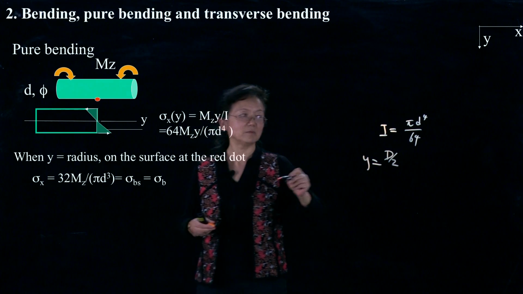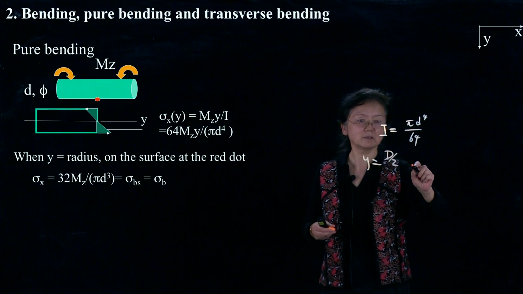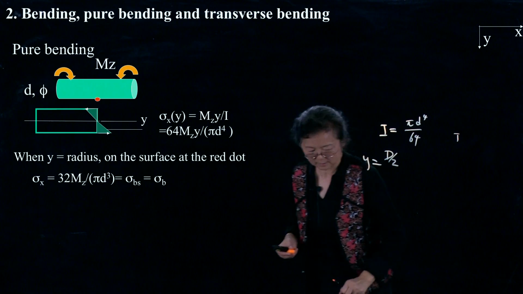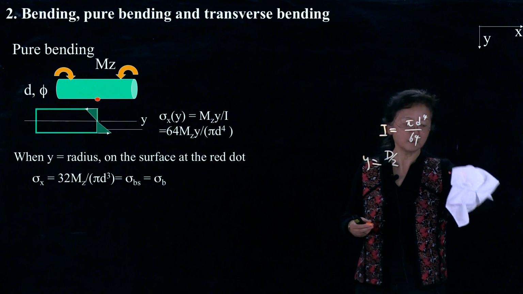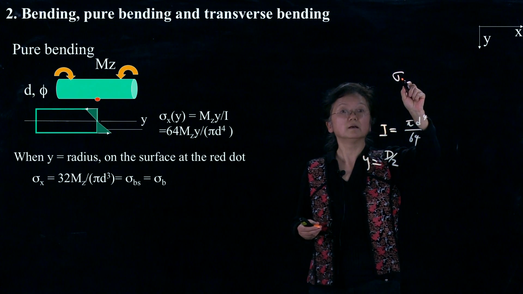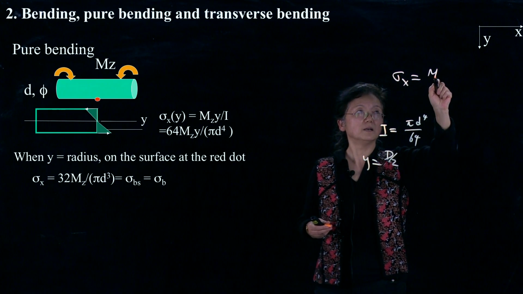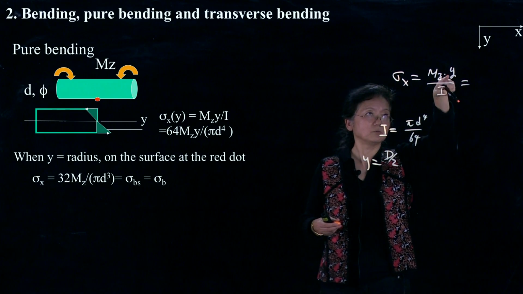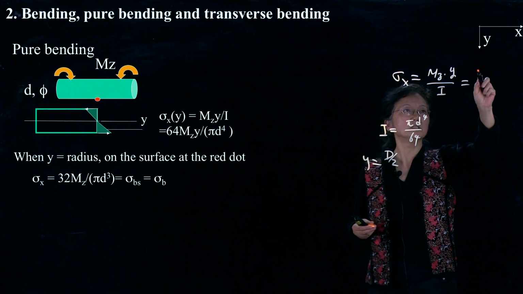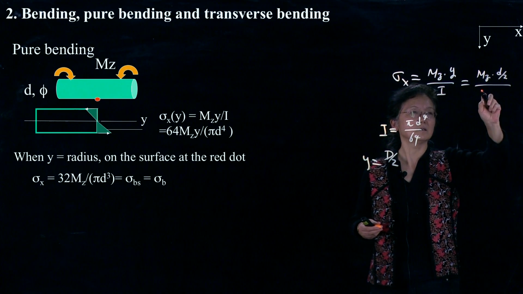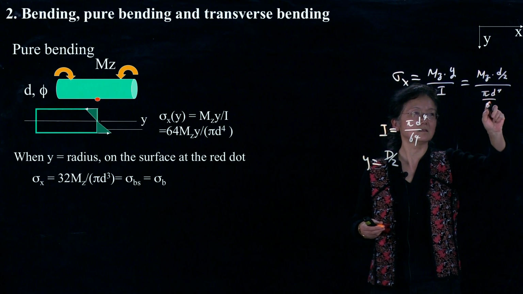Sometimes people call this, because we use this I. If I write down that stress, remember this is sigma x equals Mz y divided by I. Now y equals 1/2 of d, so Mz times d divided by 2, and I is pi d to the fourth over 64.